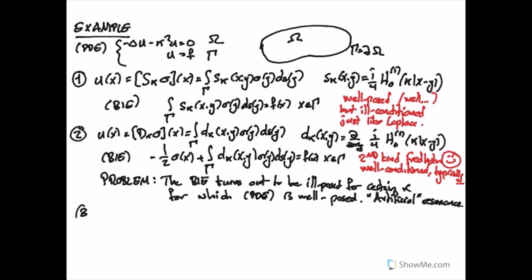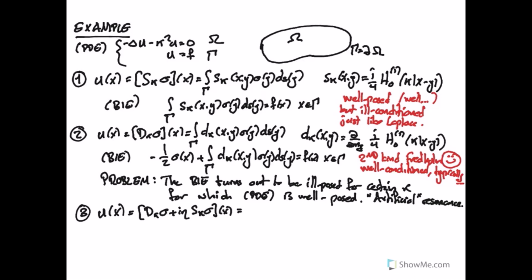And there's a standard fix for this, which leads us to the third way of formulating this as a BIE. And the idea is to look for an ansatz that's somewhere in between the double and the single layer formulations.